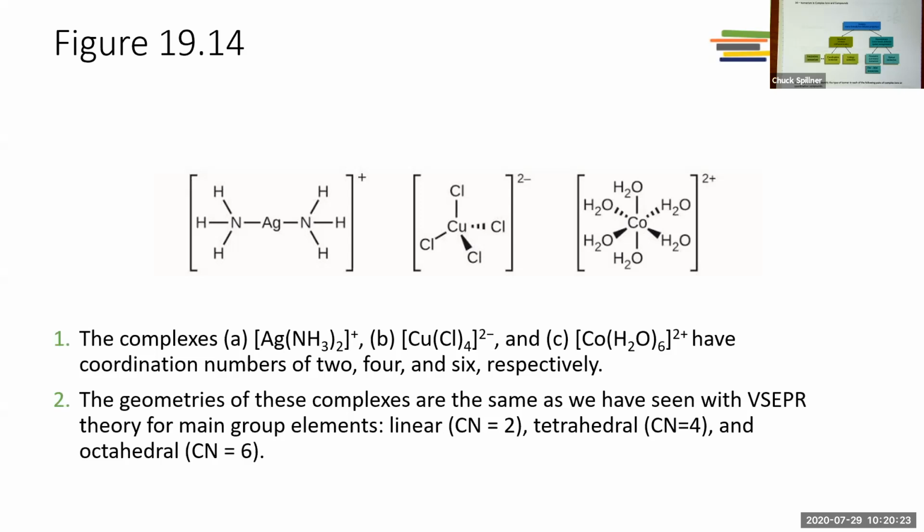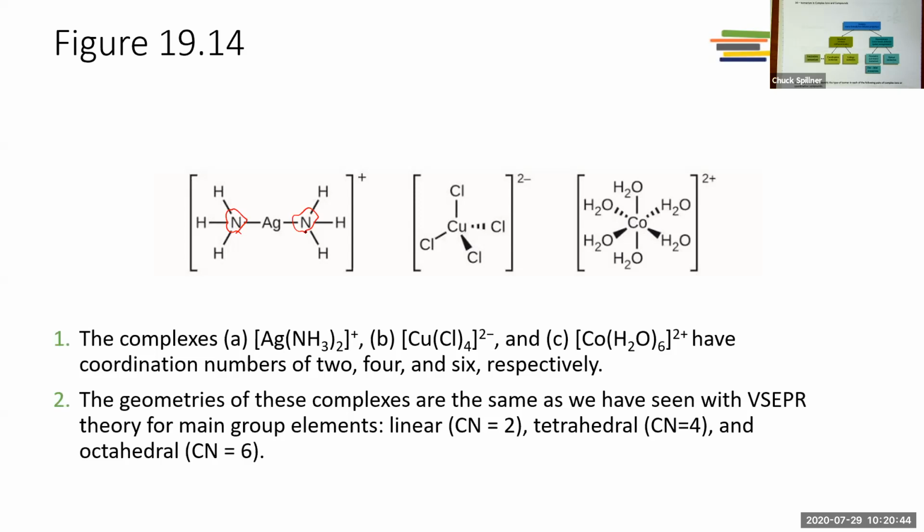In the silver 1 complex with 2 ammonias, the coordination number is 2, because we have 2 nitrogens connected to that central silver atom.